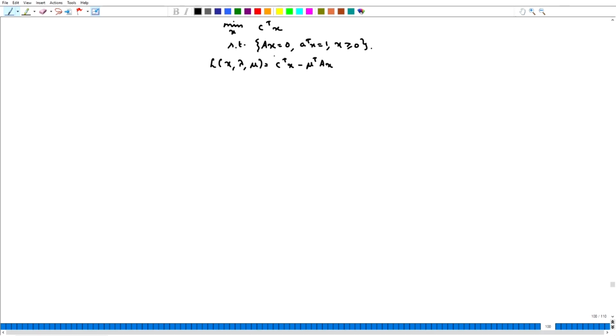If this is an m cross n matrix, this will have another mu, which I will write as mu m plus 1. So, that is plus mu m plus 1 into 1 minus a transpose x, or minus lambda transpose x, if that works better.